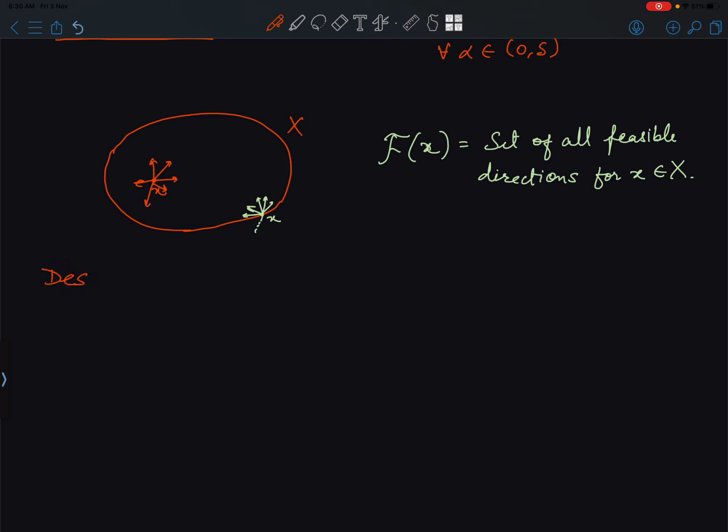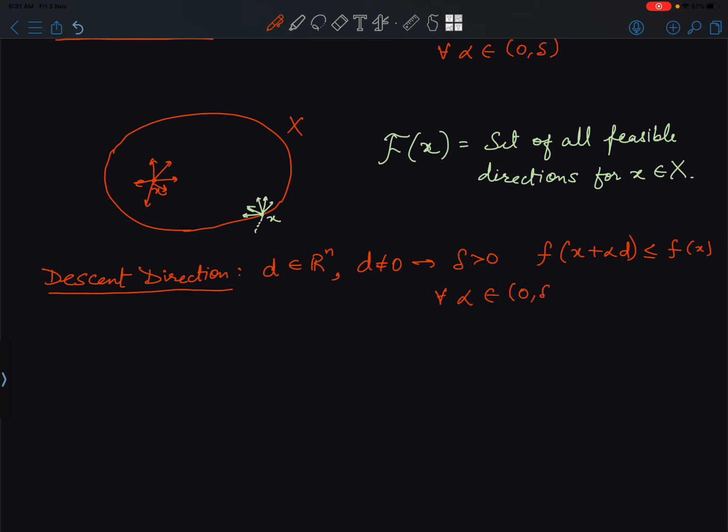So if I define a descent direction with respect to x for a particular function f, it again means a vector d, an n-dimensional vector d, such that d is not equal to 0, and it is a descent direction if there exists a delta greater than 0 such that f of x plus alpha d is less than or equal to f of x for all alpha belongs to 0 comma delta.